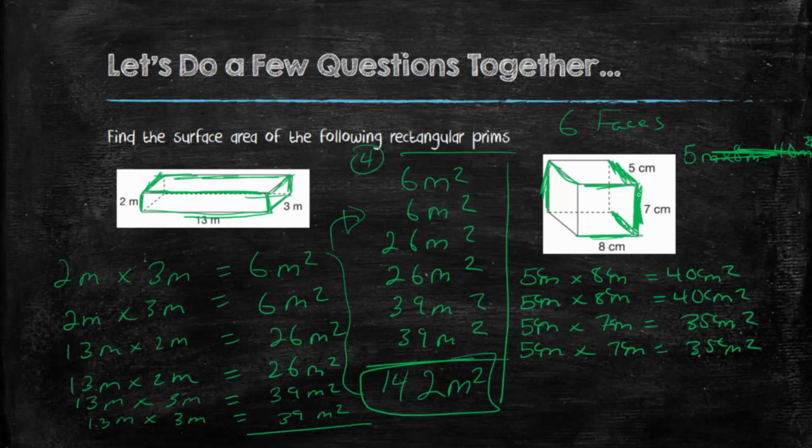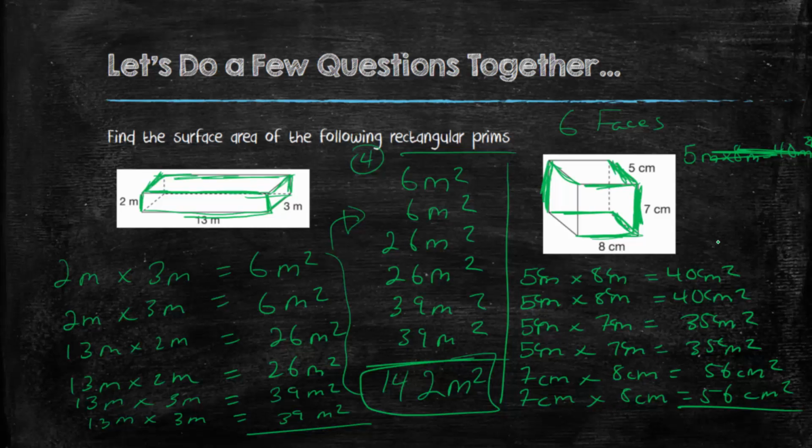What's left is the 7 by 8. So 7 centimeters times 8 centimeters, and that gives us 56 centimeters squared. And there's another one right here. It's the one right across it. So another 7 centimeters by 8 centimeters gives us another 56 centimeters squared.